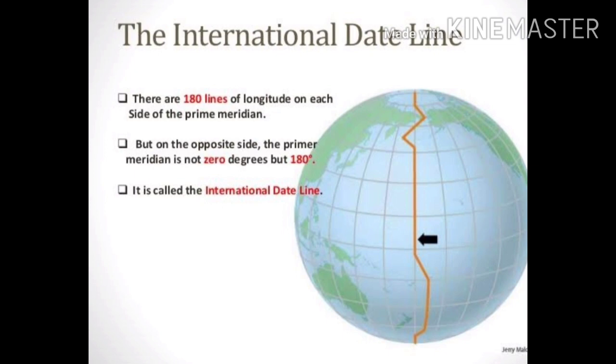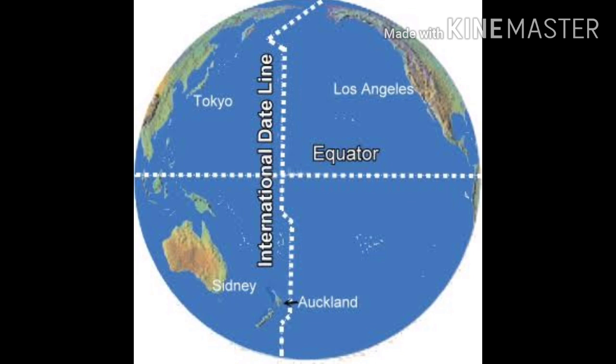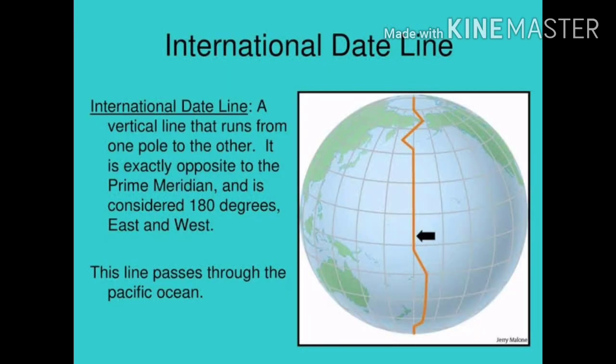These are 360 in total. Another important meridian is the international date line at 180 degrees longitude. The international date line marks the difference of date between the eastern and the western hemispheres.